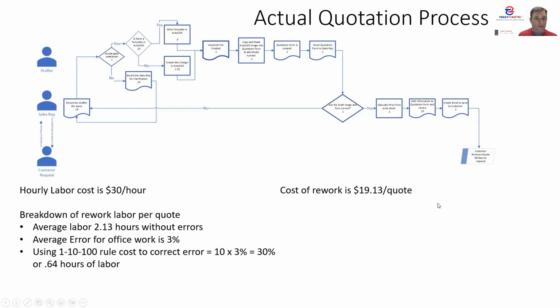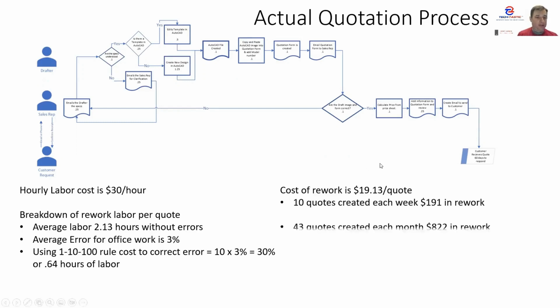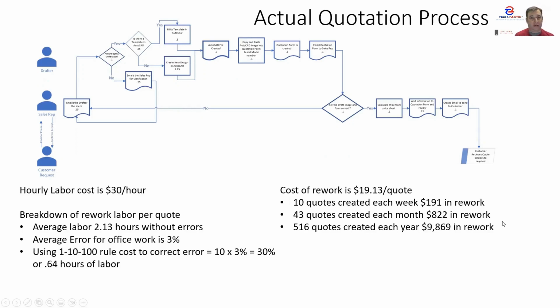So the cost of rework per quote is $19.13 per quote. Now they do on average about 10 quotes a week, and we can quickly see how this adds up. So they are spending just under $10,000 a year in just rework of this one quotation process.